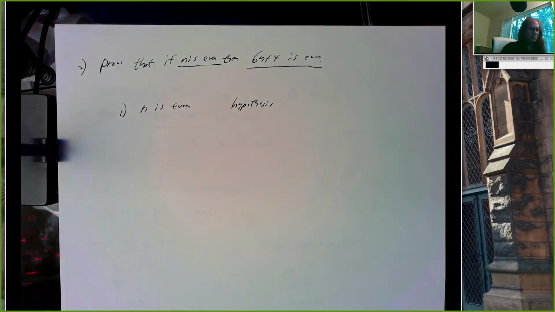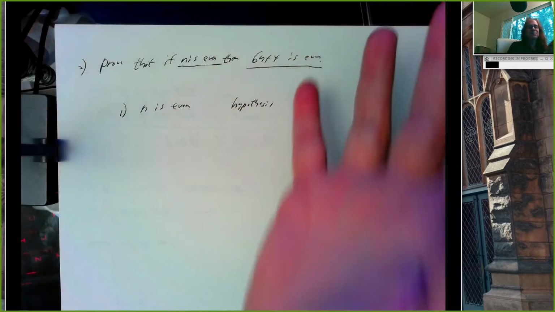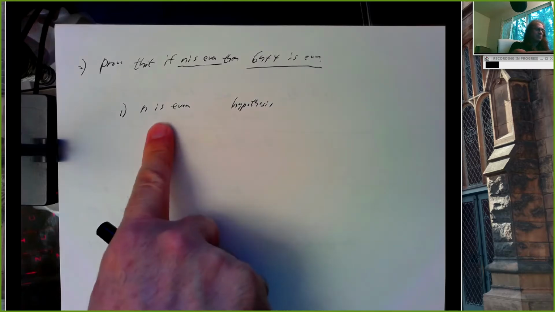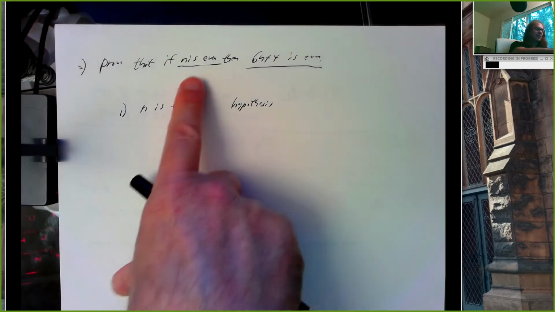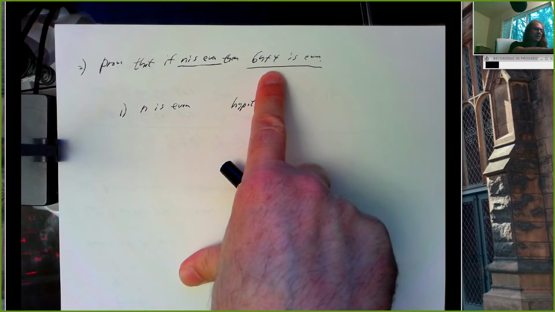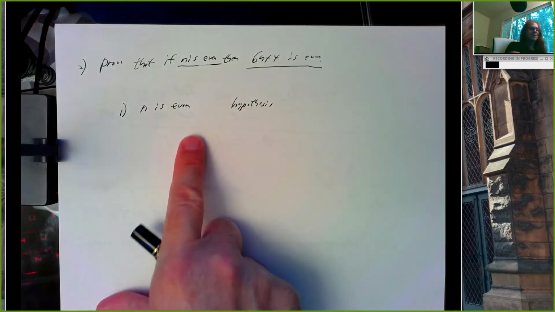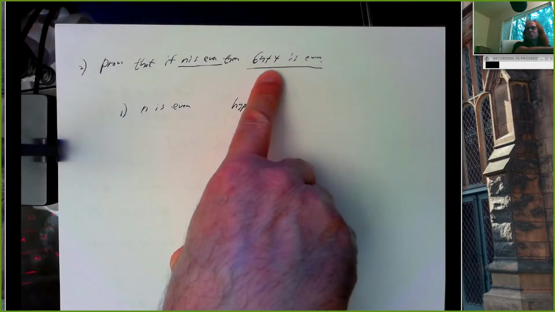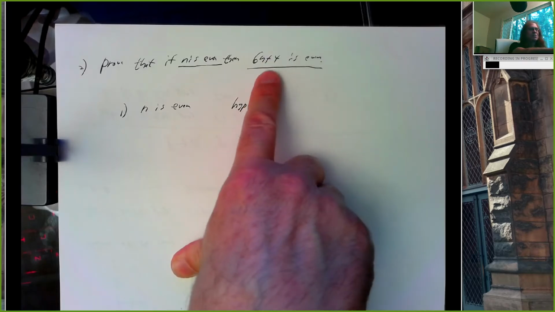And in particular, there's no way we can prove 6n plus 4 is even if we start off by assuming 6n plus 4 is even, right? So we can assume this because what we're trying to do is say if this is true, let's show that that is true. So we can state the hypothesis, but you can't use the conclusion as part of your proof. Because if eventually you come to the conclusion, all you've said is this is true if this is true. And that doesn't prove this is true.